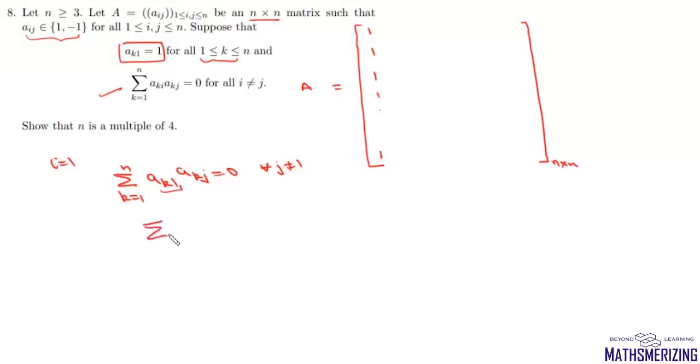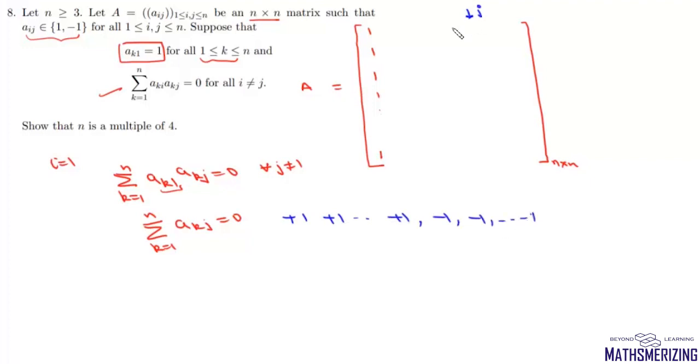So from here we can write summation k varies from 1 to n, akj is equal to 0. So that means in any column j, the sum of all the elements must be 0. If the sum of all elements must be 0, then it simply means half of them should be plus 1 and the other half should be minus 1.